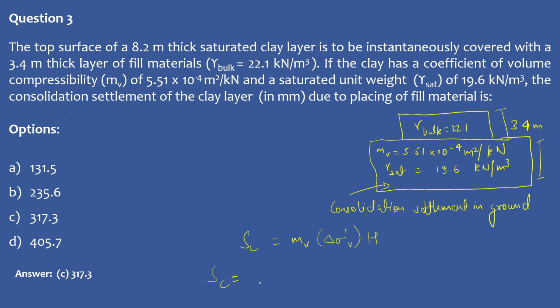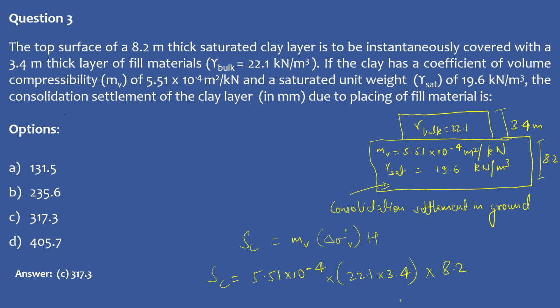So the consolidation settlement can be calculated as 5.51 into 10 to the power minus 4. Delta sigma dash v can be calculated as 22.1 into 3.4, and the height of the soil layer can be evaluated as 8.2.